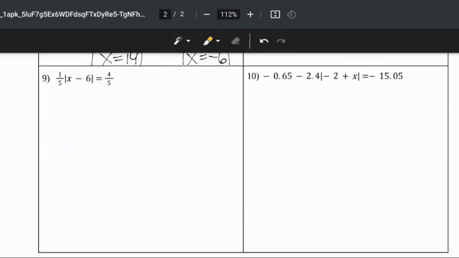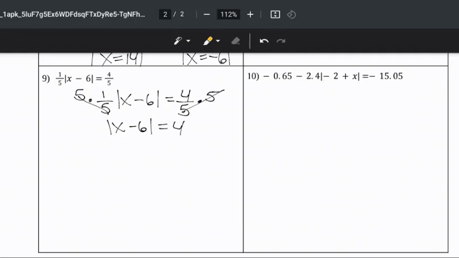So for number 9, again, I'm going to rewrite to give myself a little bit more space to work with. Okay, so to get rid of a fraction, we want to multiply by the denominator. So same deal. Those cancel out. We're left with x minus 6. And then those 5s cancel out as well. And when those cancel out, we're just left with the 4.